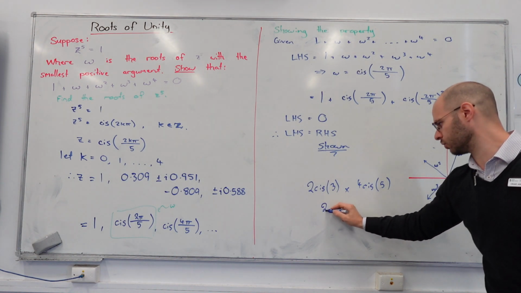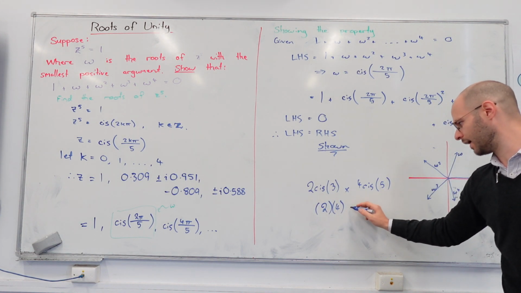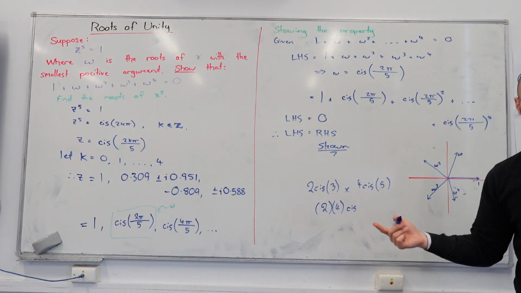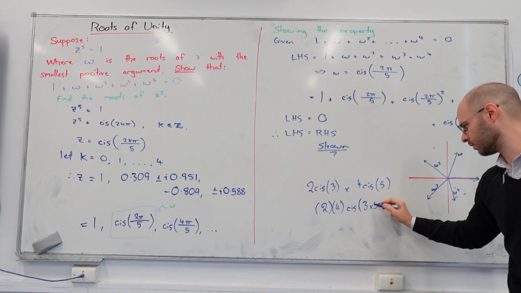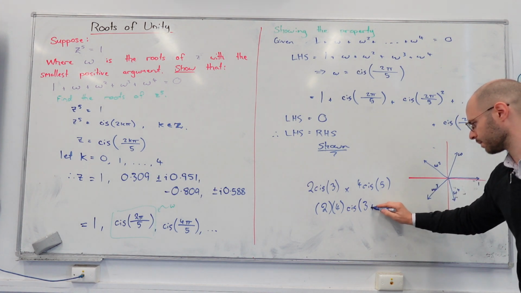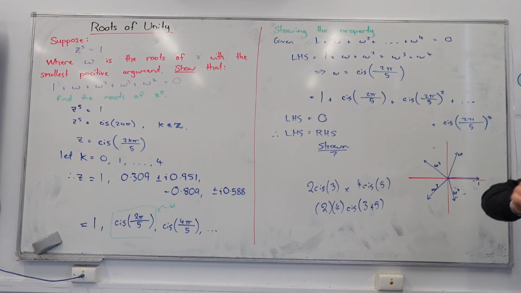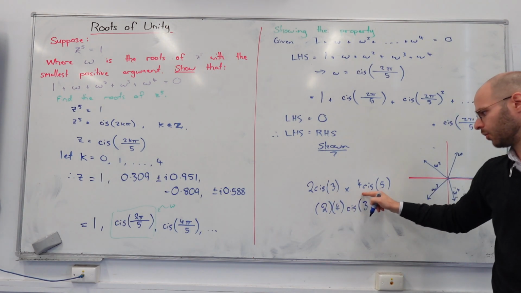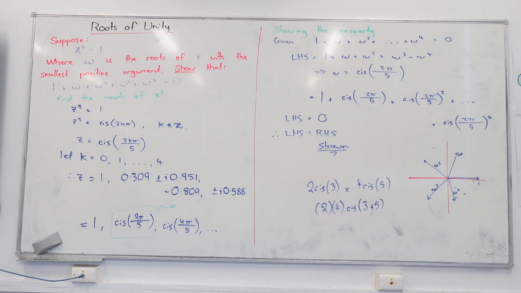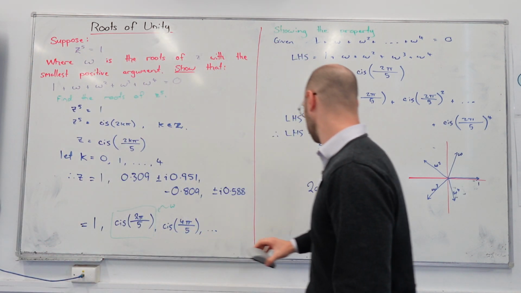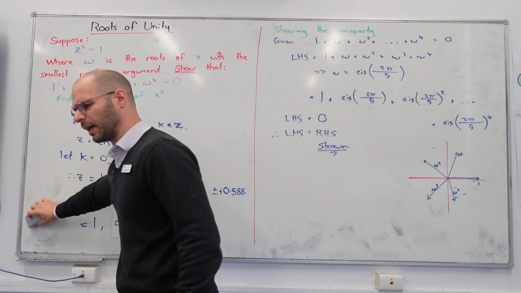The moduli multiply together, so they dilate, and the arguments get added together. So they rotate in terms of what it does to the vector. So the multiplication of two vectors causes a dilation in the length of their moduli, and it causes a rotation in terms of their argument, or the way in which they're pointing.